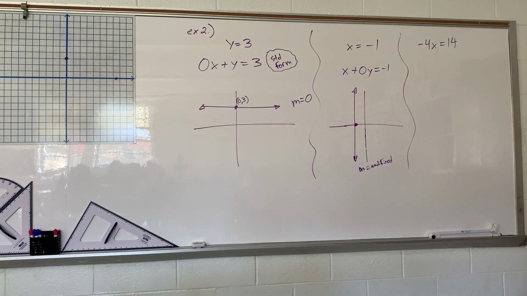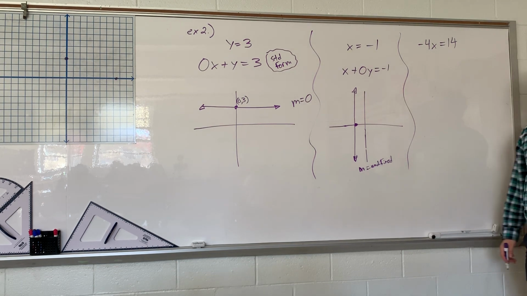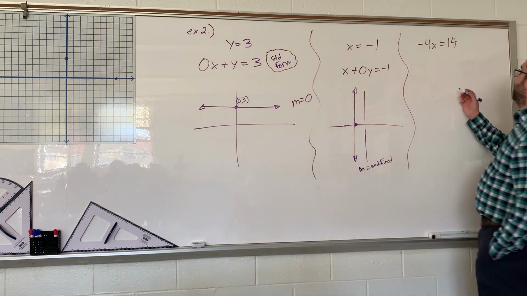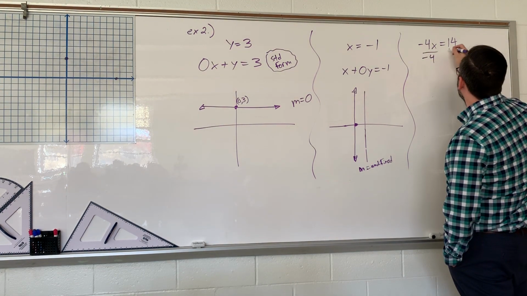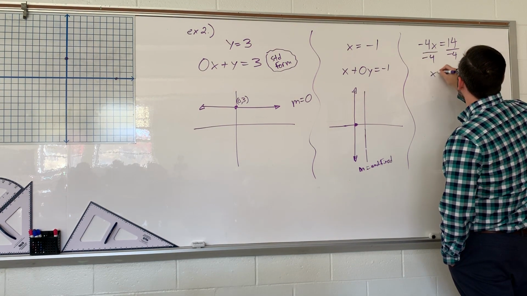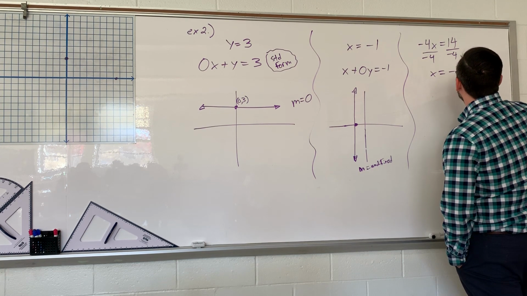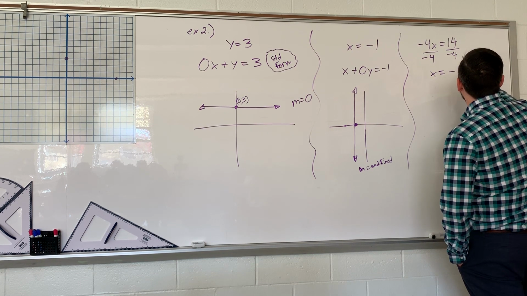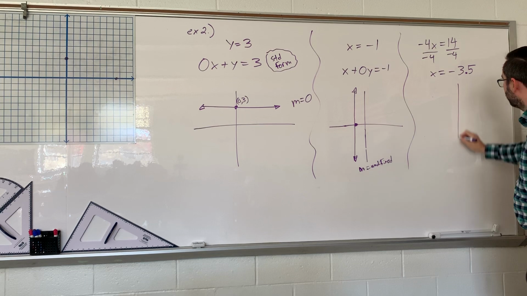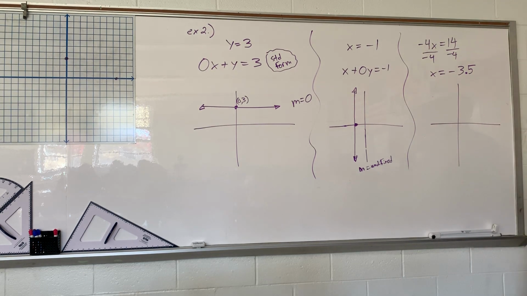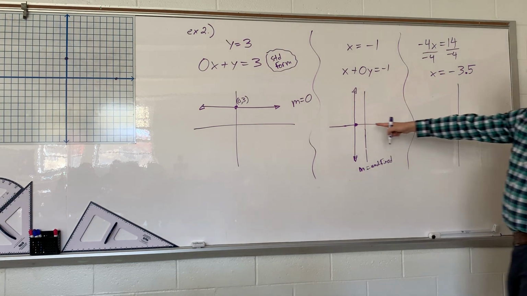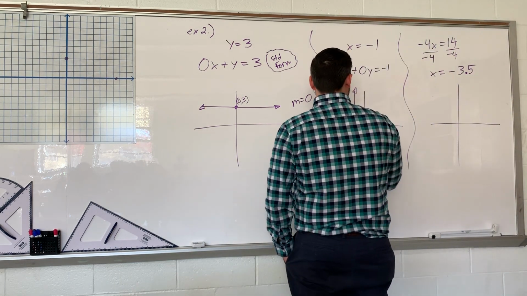So what is my x-intercept? Well, to do that, I'm going to have to solve it, right? Divide by -4, and I get x equals -3.5. I was not being very accurate here. I should list this ordered pair. If I'm sketching, I need to list it.